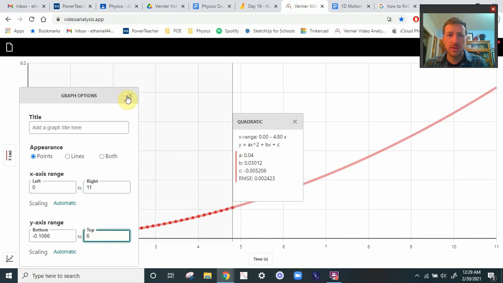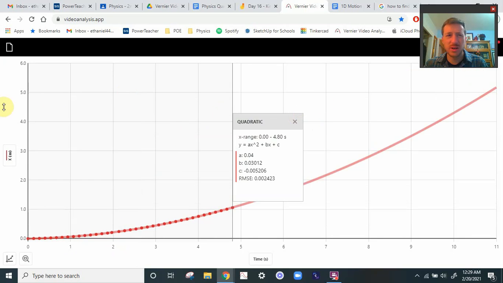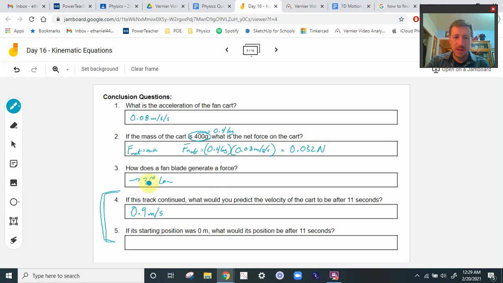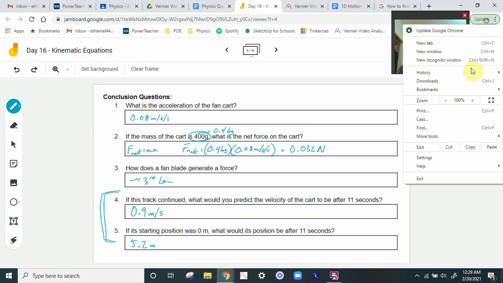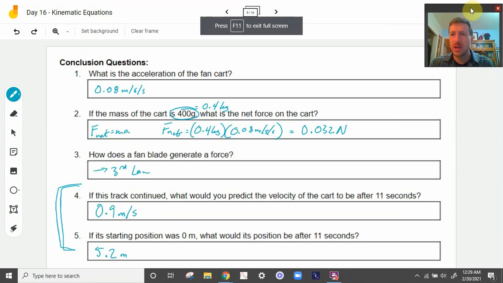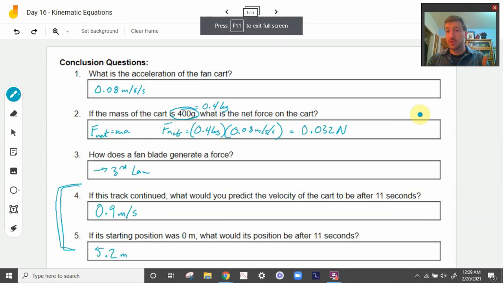And if I close this out now, and I follow this along here, I see it's right around maybe 5.2 would be the position down the track after those 11 seconds. So I can plug that in here. I would say it would be about 5.2 meters per, not meters per second, 5.2 meters would be its position on the track after that point in time. Right, so those are my predictions just based off of looking at those graphs.